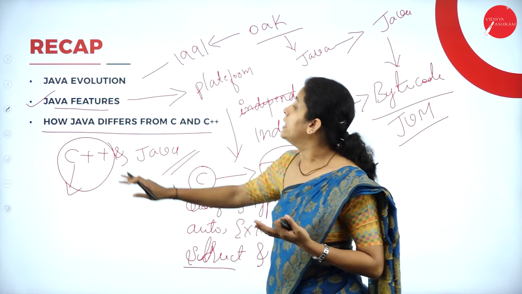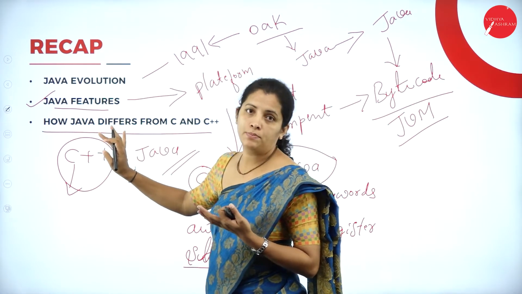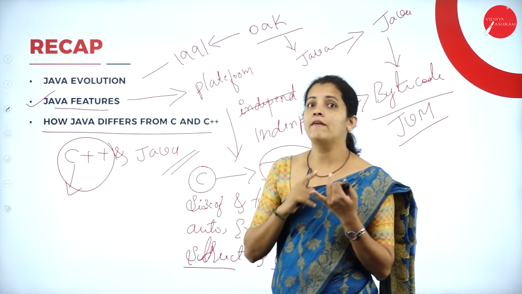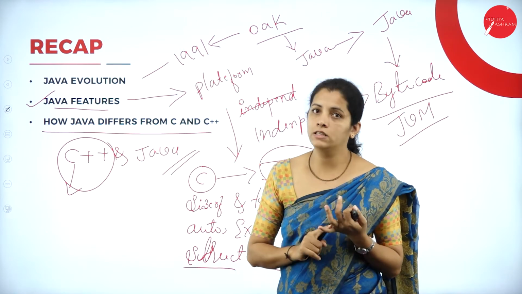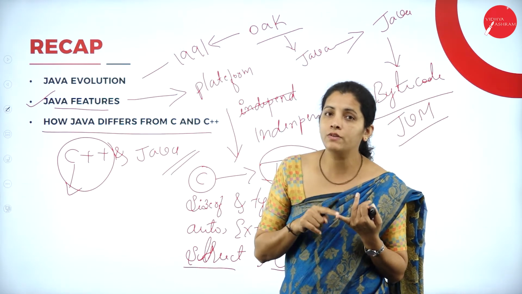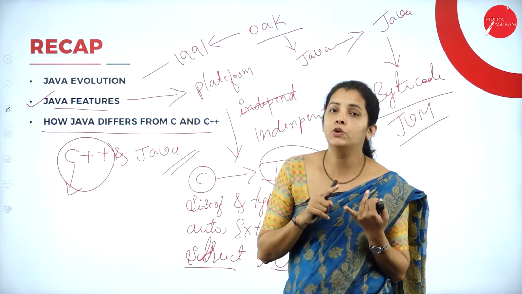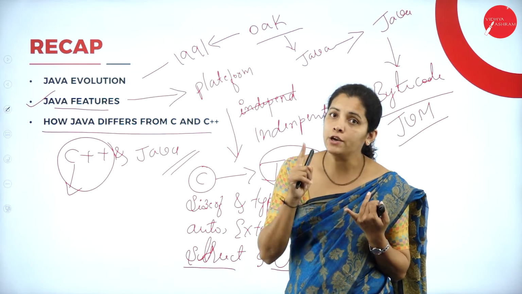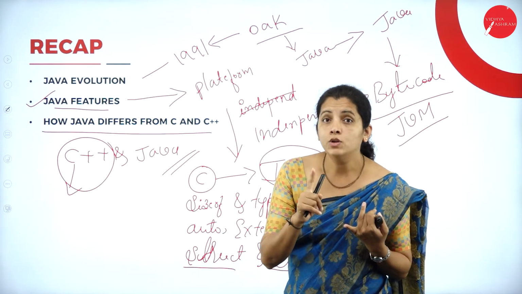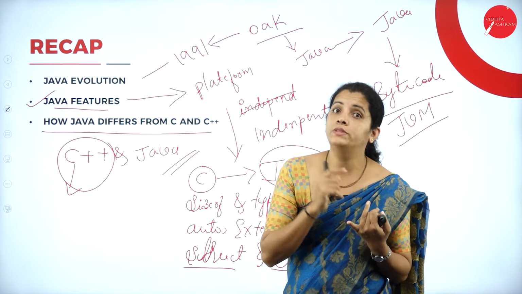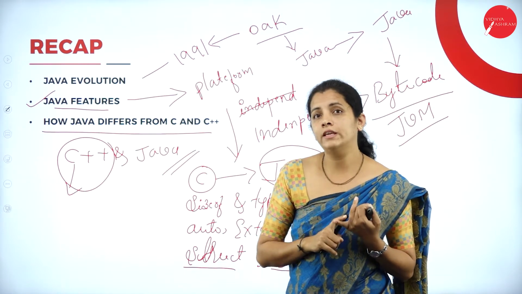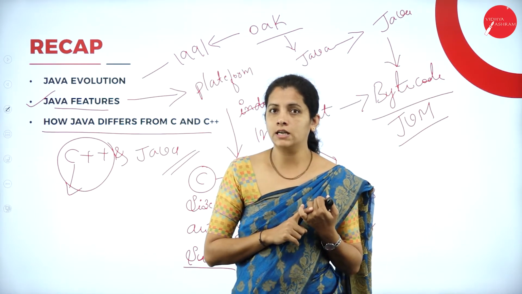And in the C++ programming language, we have constructor and destructor. So what is the use of constructor? It is mainly used to initialize the object. And to de-initialize the object, we have the concept called destructor.